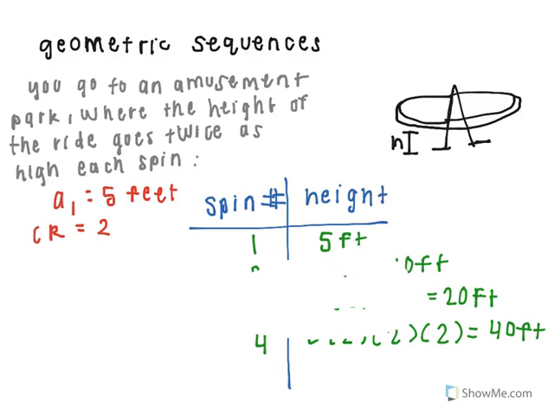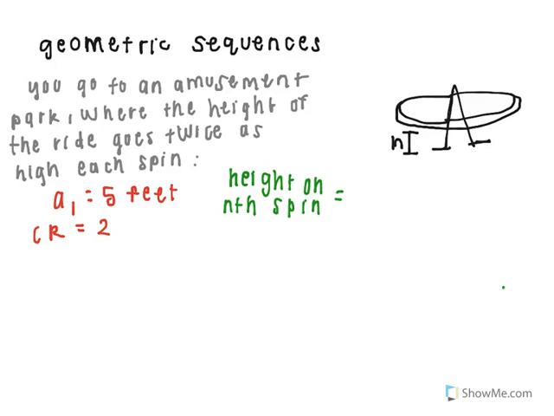Instead of creating a whole table and spending a lot of time to list out how high each spin is, we can instead create a formula. So if we wanted to find how high the ride is on the nth spin, we could say that the nth spin equals a sub 1 times the common ratio to the power of n minus 1.